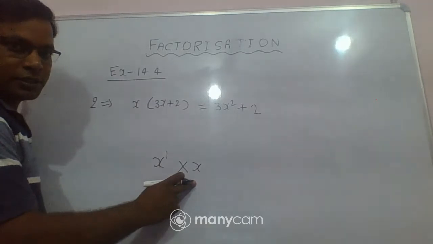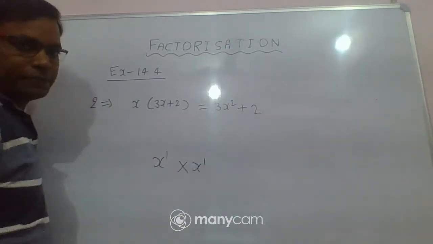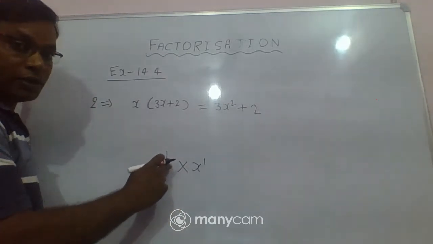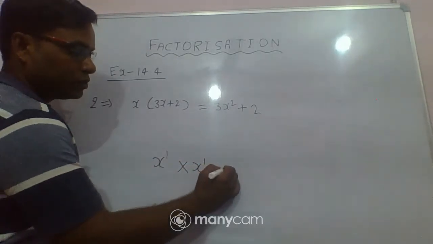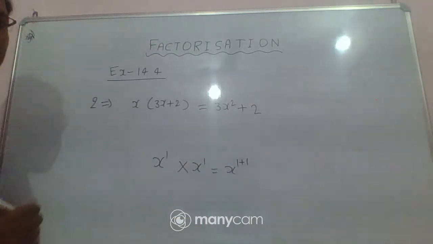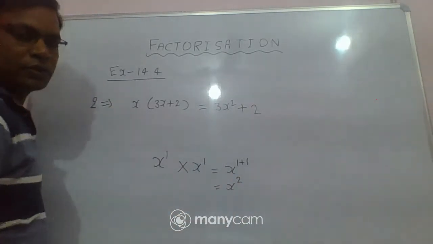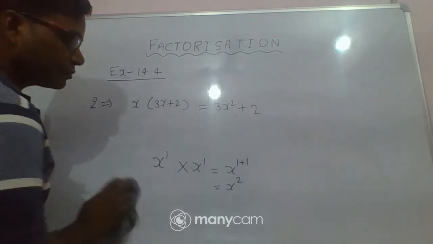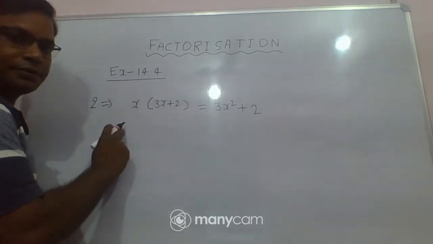And if you multiply another x, what is the power of this x? Nothing but 1. Clear? In the case of multiplication, the base is same, so the powers will be added. So you can write it x to the power 1 plus 1, which is equal to x power 2. Okay. So come to the point of question number 2.